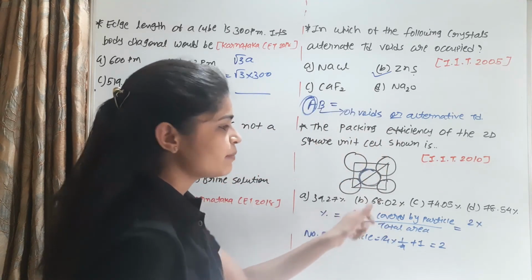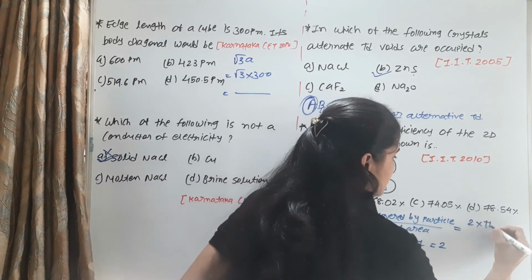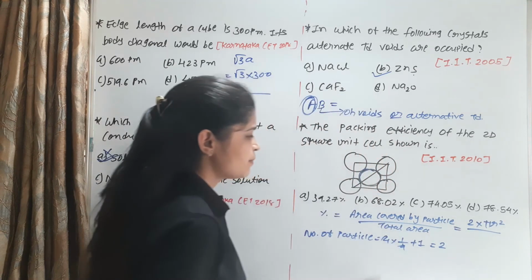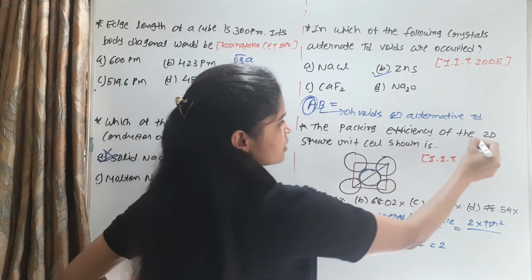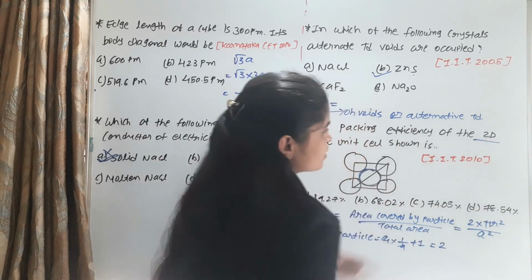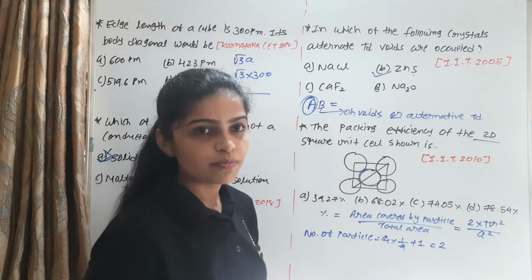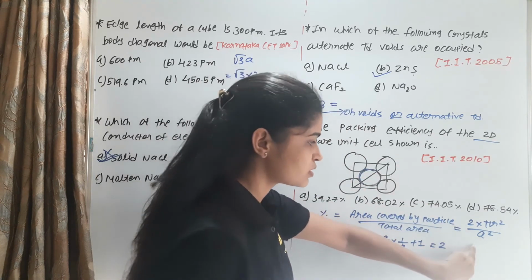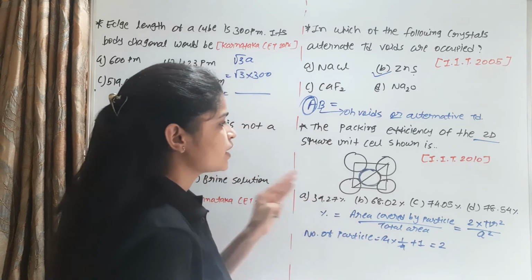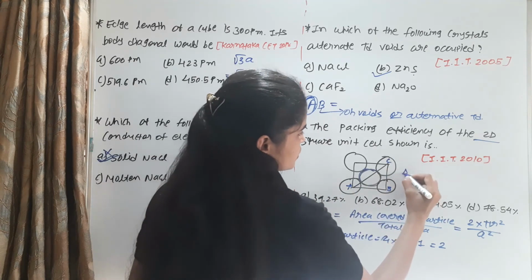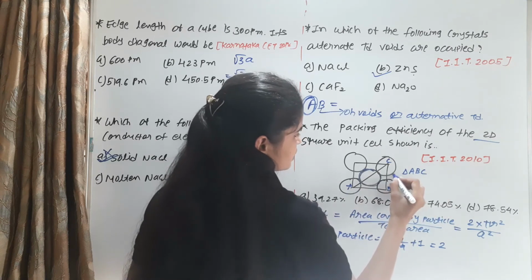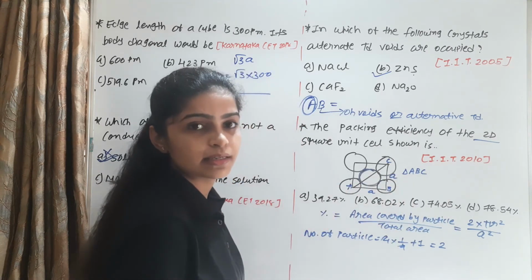The area covered is pi r square divided by the total area. The total area in 2 dimensions is a square, and in 3 dimensions a cube. But we consider 2 dimensions, so we put a square. How do we find a square? For example, take triangle ABC, with side lengths a and a.